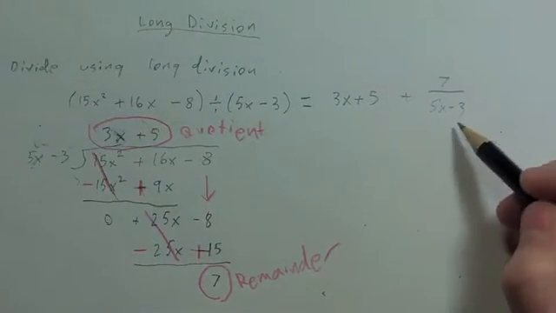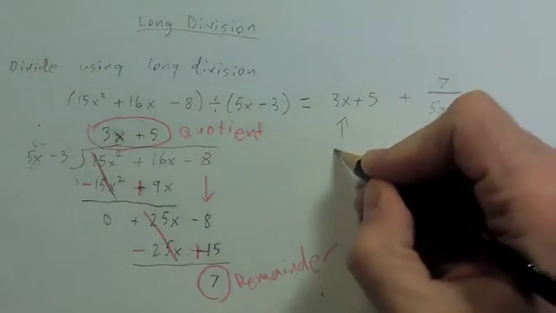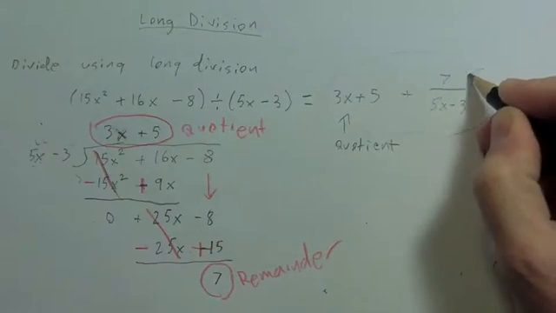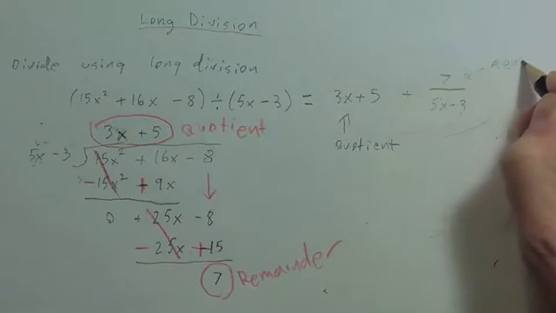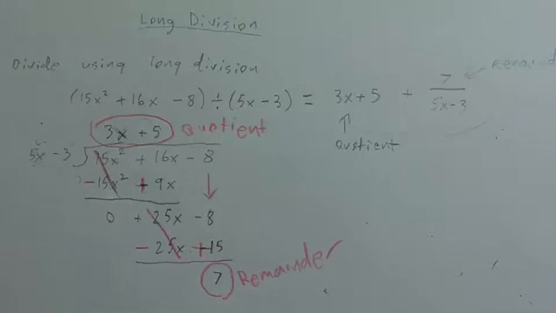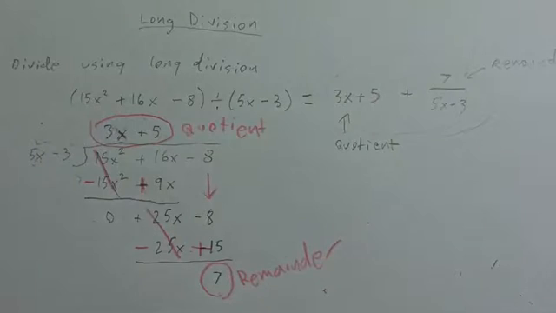This is the quotient, and this is the remainder. So when we divide these polynomials, we get 3x plus 5 with a remainder of 7, and the expression ends up being 3x plus 5 plus 7 over 5x minus 3.